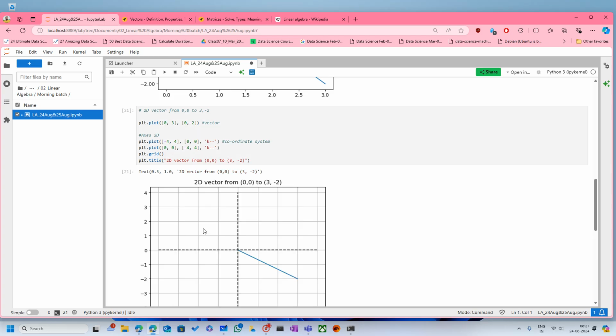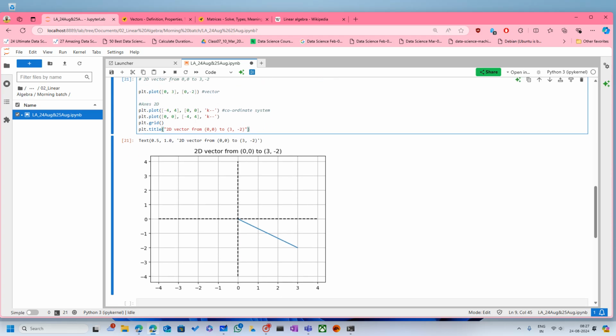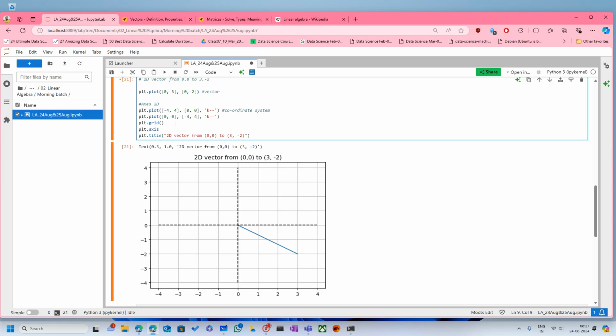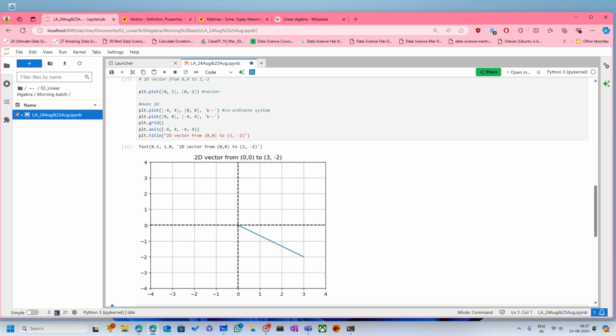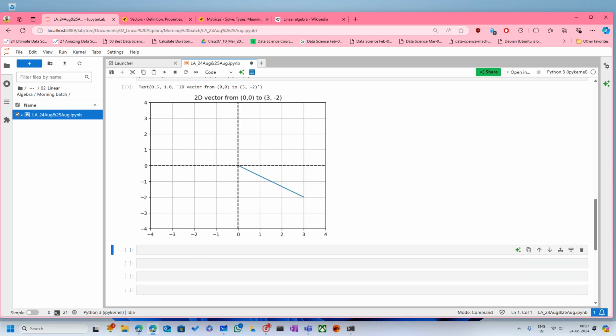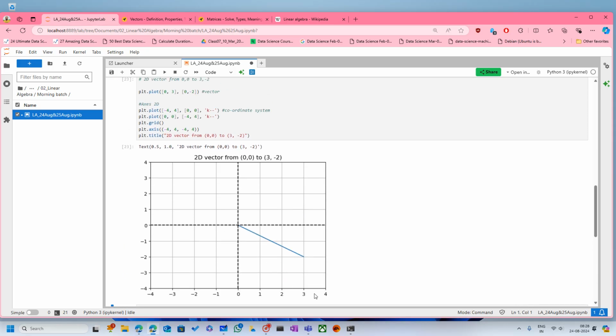So adding this will add a title here above. Okay, plt dot title. And if you want to add additional axis, plt dot axis. In the axis you have to specify what it's going to be, -4 comma 4, and then -4 comma 4. Now see, it added the exact axis.